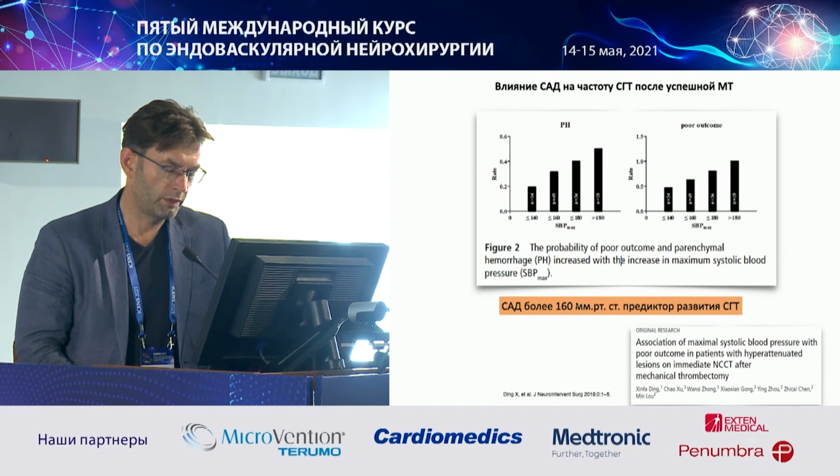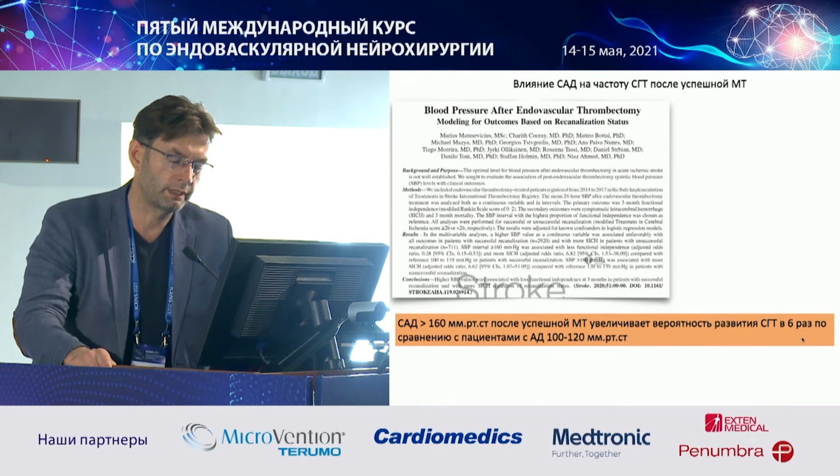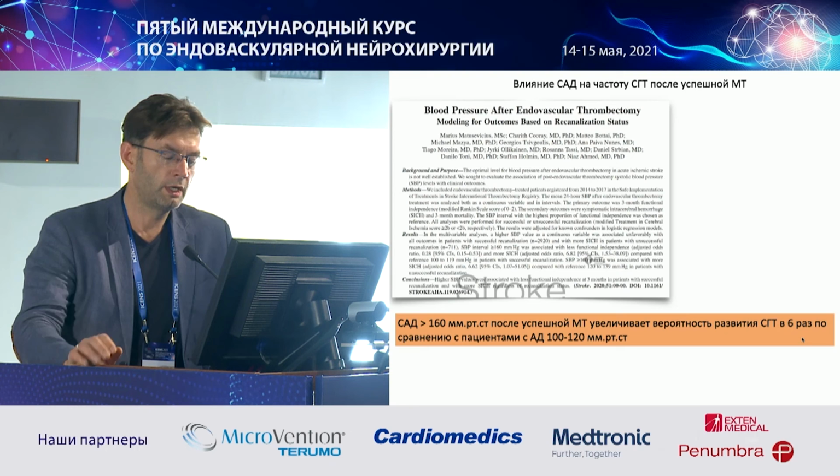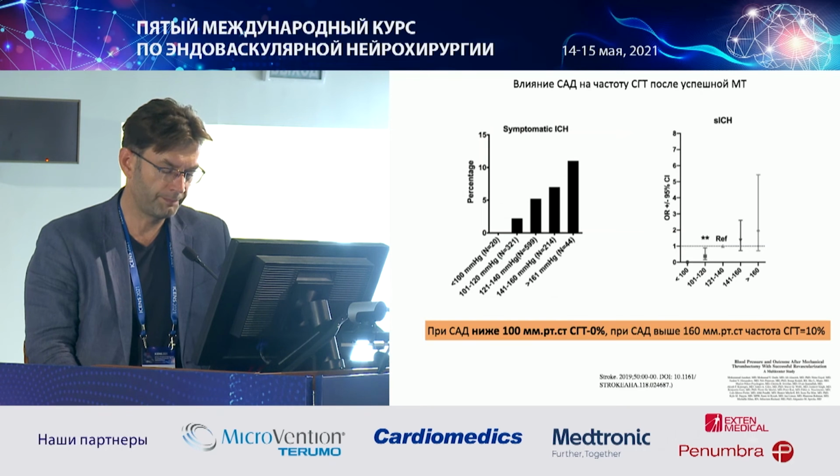In this study, for instance, a systolic pressure over 160 millimeters of mercury can be a predictor, while in another work it was shown that such a systolic pressure increased the risk of bleeding 6 times compared to patients with a blood pressure at the level of 100 to 120.